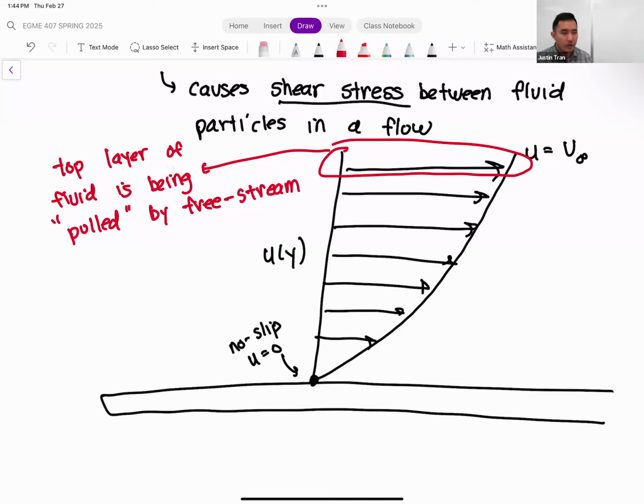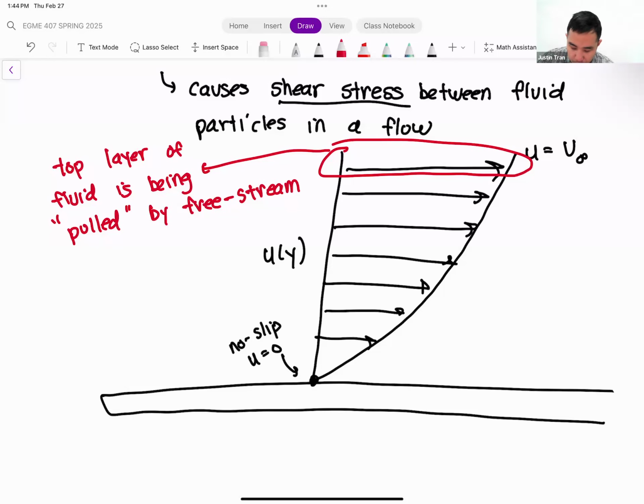So the free stream conditions basically make it so that that top layer fluid is being pulled. You can think of it as the free stream grabbing those fluid particles and saying, come on, let's go move with the velocity of u infinity.